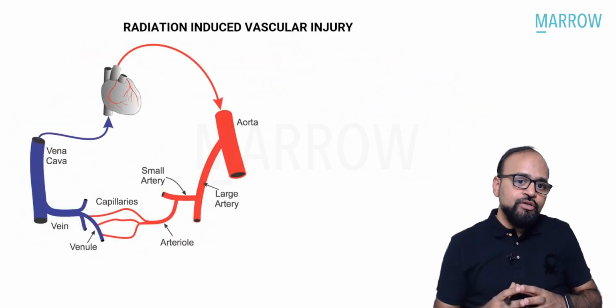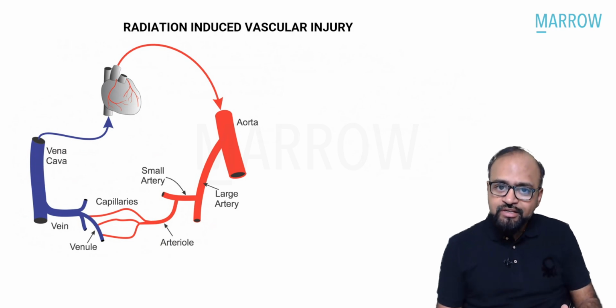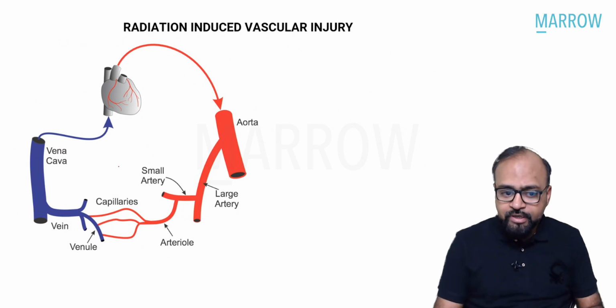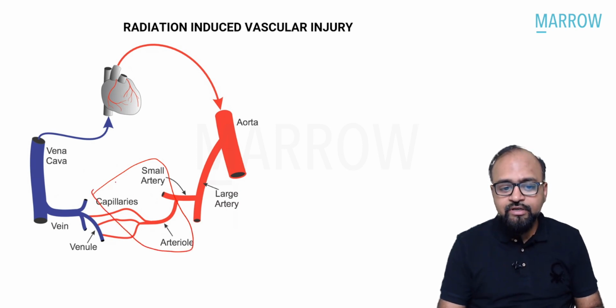Now we come to the vascular bed. Now if you look at the vascular bed, right, which of these components are more sensitive to radiation? Remember, it is the capillaries, small arteries, sinusoid spaces, and arterioles that have relatively high radiosensitivity.